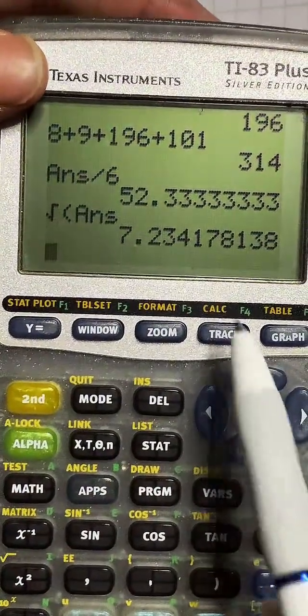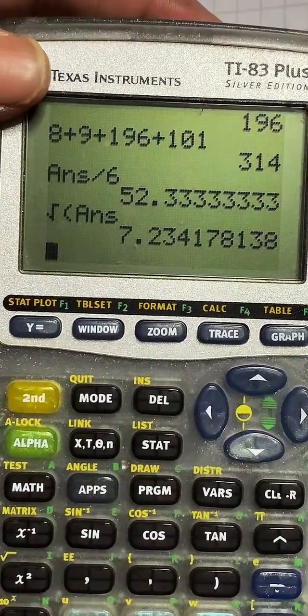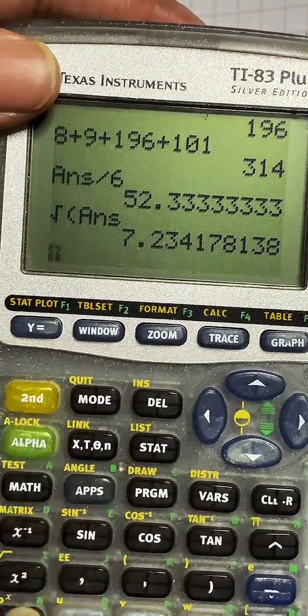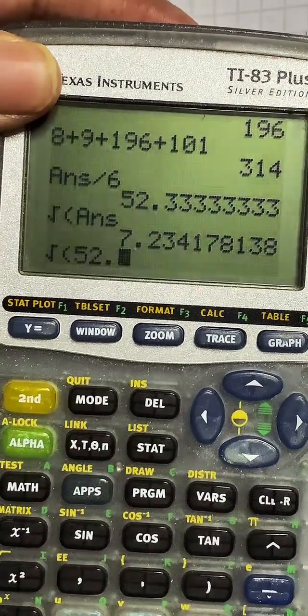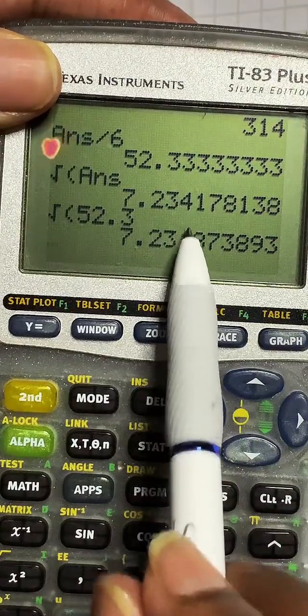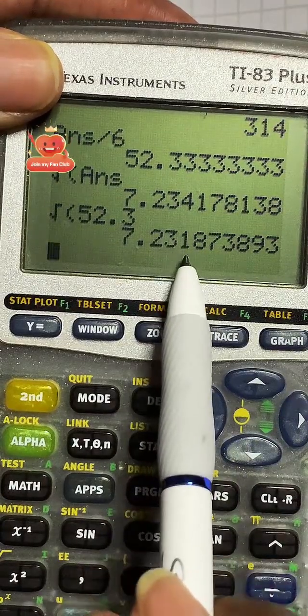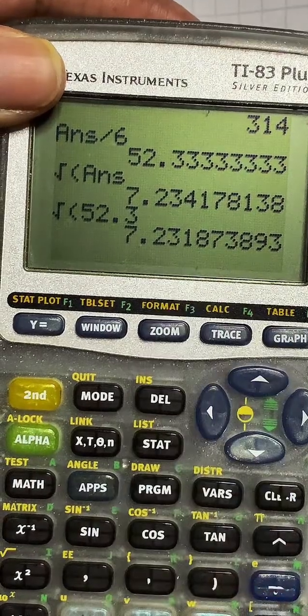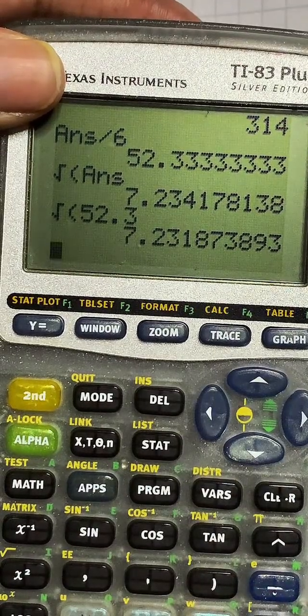You see, I didn't round it to 52.3, because if I did the square root of 52.3, you still get the same answer, but notice right after the hundredths, it starts getting a little different. Okay, that's why sometimes I like to just round at the very end.